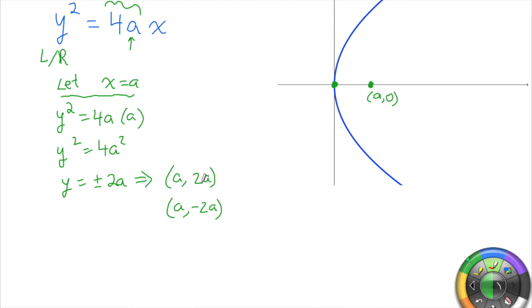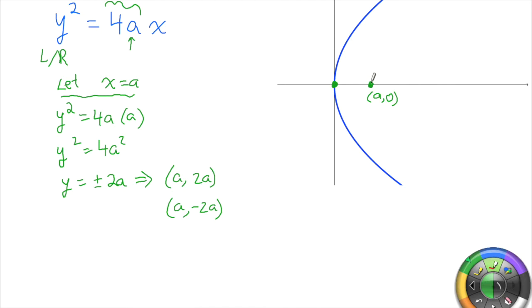So basically, if we add the distances away from a, or the distance from 2a to negative 2a, when you find the distance between 2a and negative 2a, it'll always be equal to the coefficient in front of x, 4a. So the distance of the latus rectum was always the coefficient, in this case, of the unsquared term x.